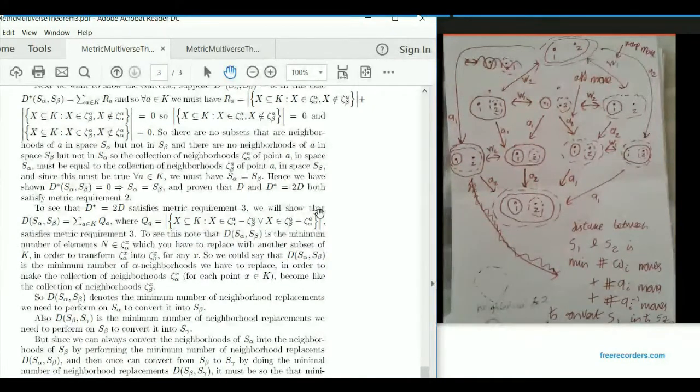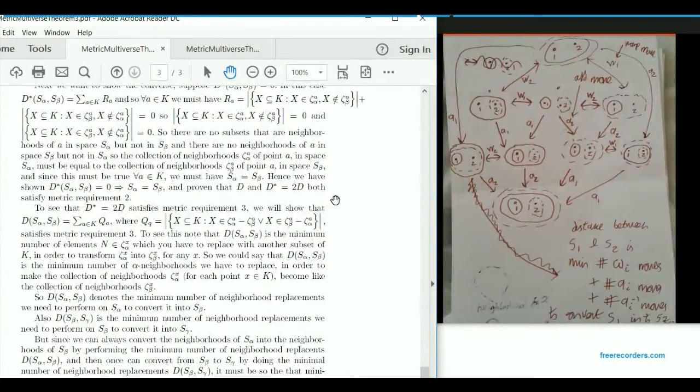Well, since these are all finite things and basically comprising of lists of neighbourhoods, essentially you can sort of list how many different neighbourhood changes you have to make to convert one space into another. And that basically is just like a Hamming distance kind of problem of word conversion.